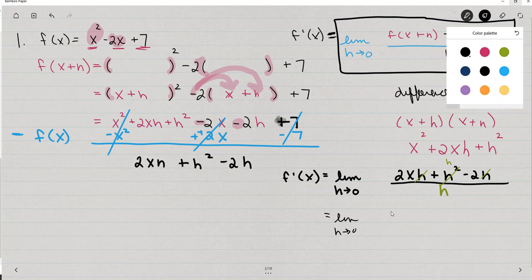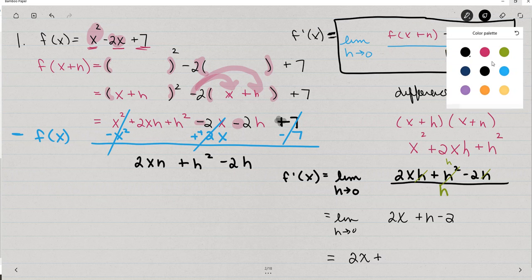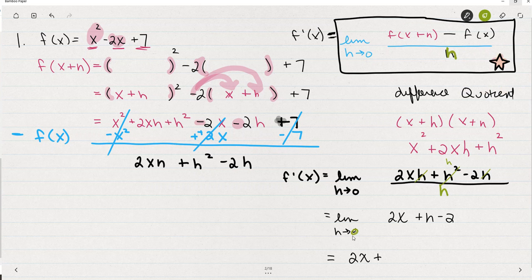So I have the limit as h approaches 0 of 2x plus h minus 2. And by direct substitution, that's going to be 2x plus 0, because I'm going to let h approach 0, minus 2, or 2x minus 2. It's the final answer.